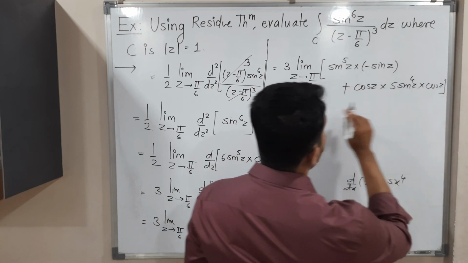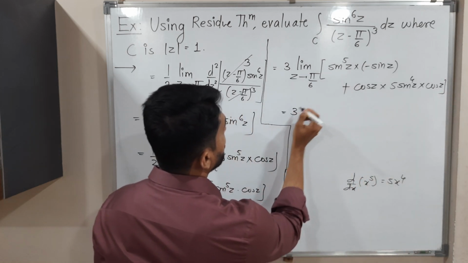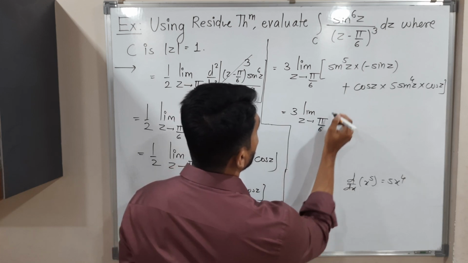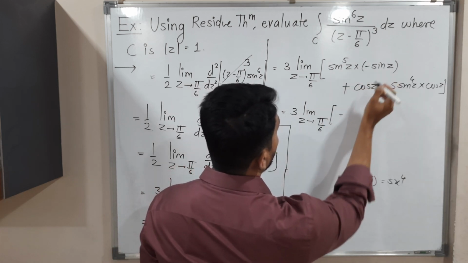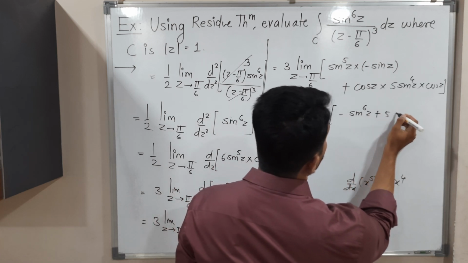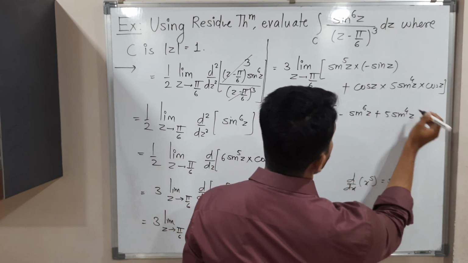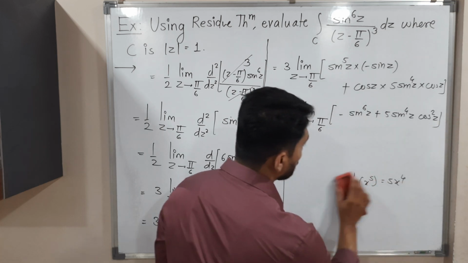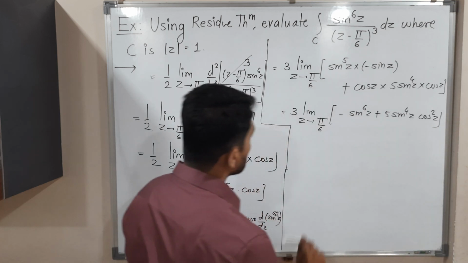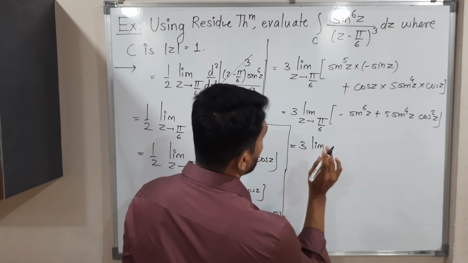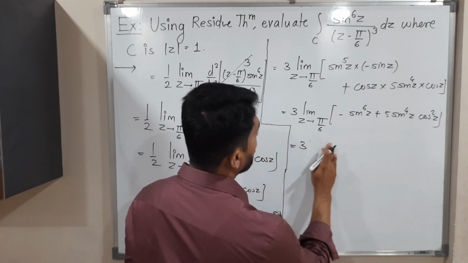So what will I do? I will write it properly and then apply the limit. Limit z tends to pi by 6 of minus sine raised to 5 into sine raised to 6z plus 5 sine raised to 4z cos into cos square z. So let us move further. This is equal to 3 limit. Now it's time to apply the limit, no?